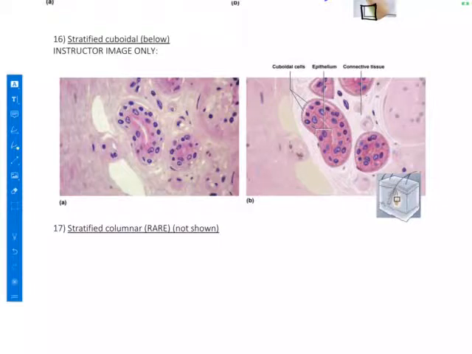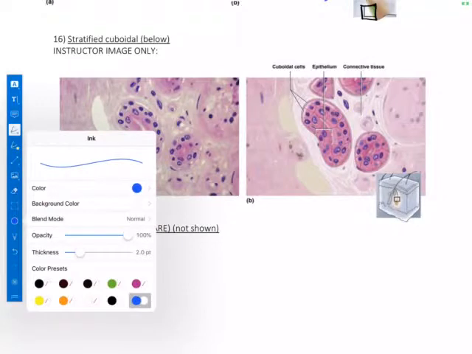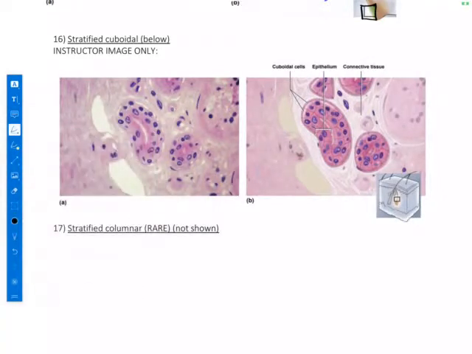So in this particular example, we are looking at a sweat gland duct. So here, this whole thing is coming from the sweat gland duct, and you'll notice that these are the little cuboidal cells here.